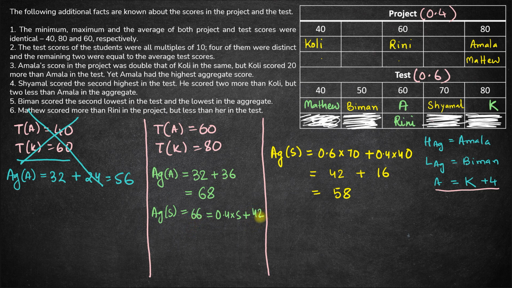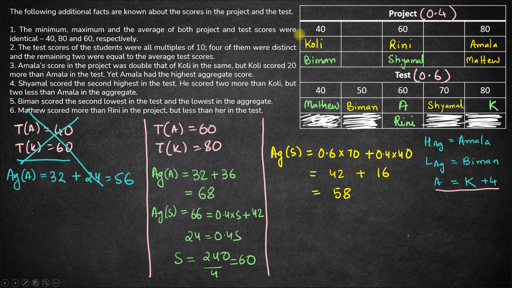Okay, 66 minus 42 is 24, which is equal to 0.4 S. So S here comes out to be 240 by 4, which is equal to 60. Hence, Shyamal's score is 60 in project. Hence, Biman would score 40 in project.